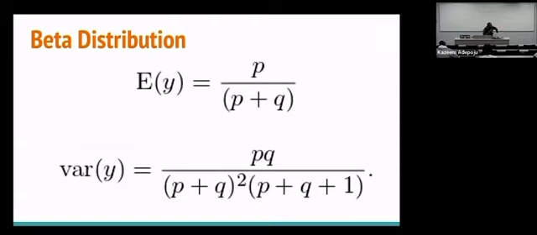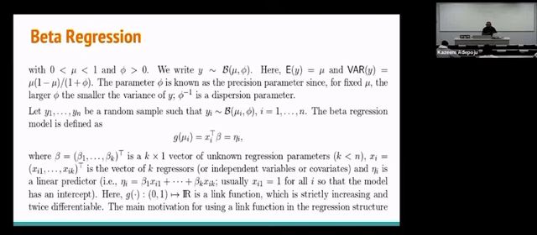So Ferrari and Cribari-Neto, in 2004, used the idea of the mean of the distribution in their reparameterization.